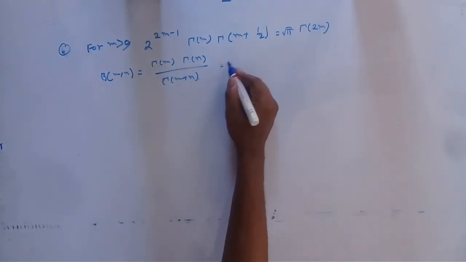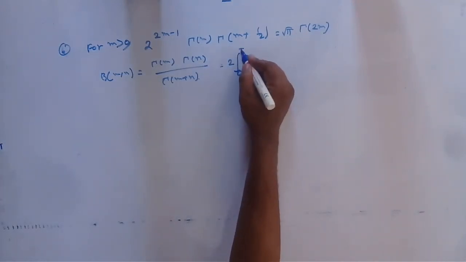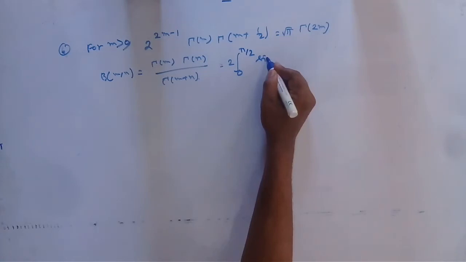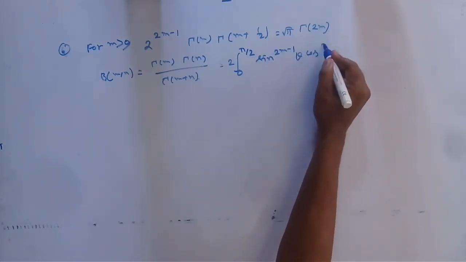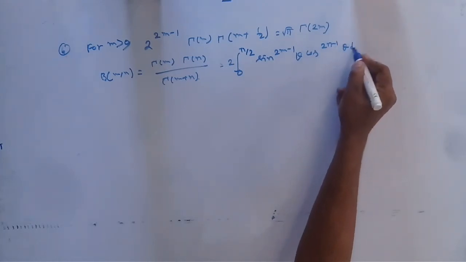Okay. And it is equal to 2 into integration 0 to pi by 2 sin to the power 2m minus 1 theta cos to the power 2n minus 1 theta d theta.